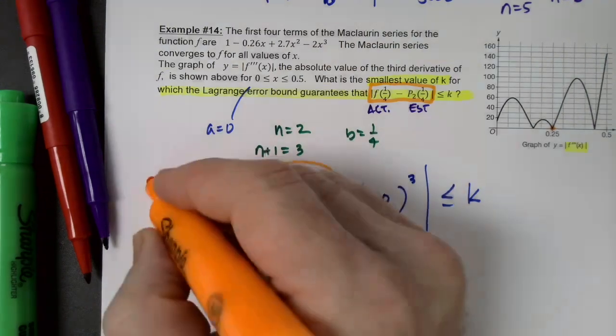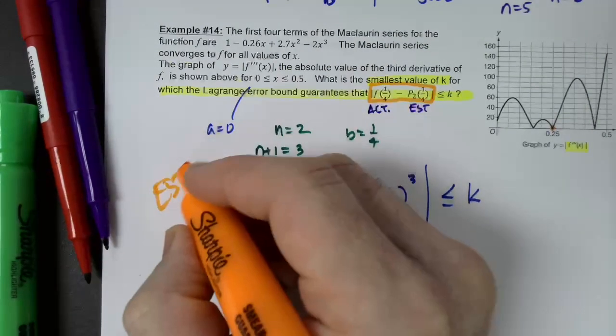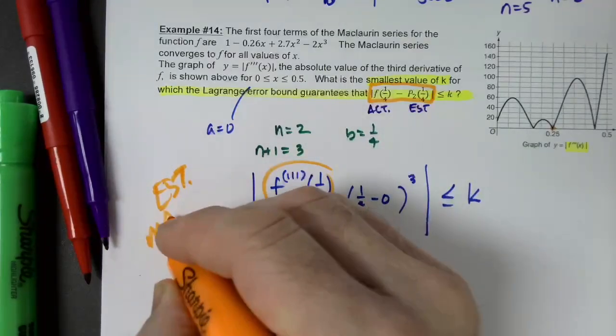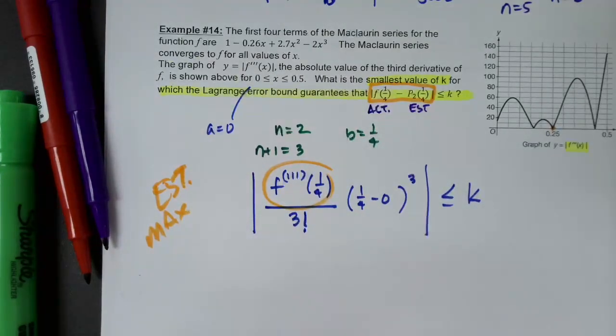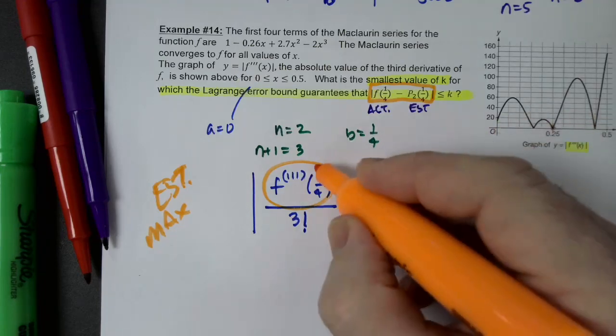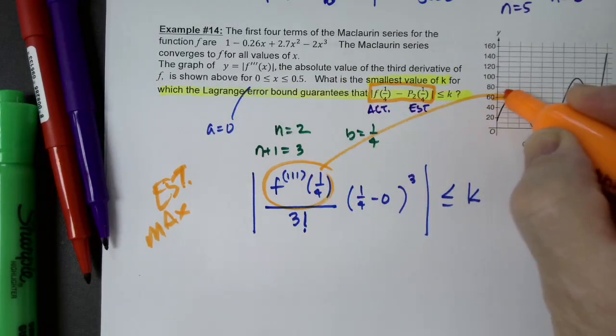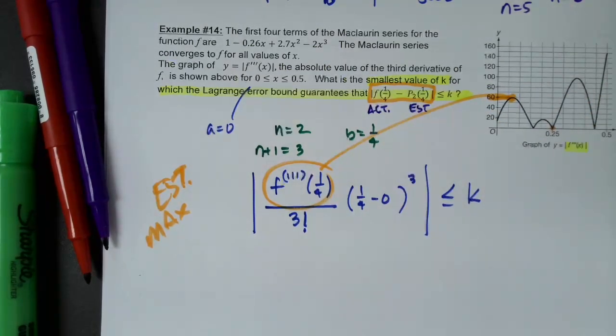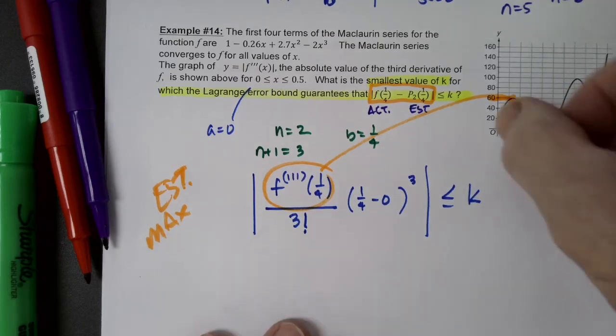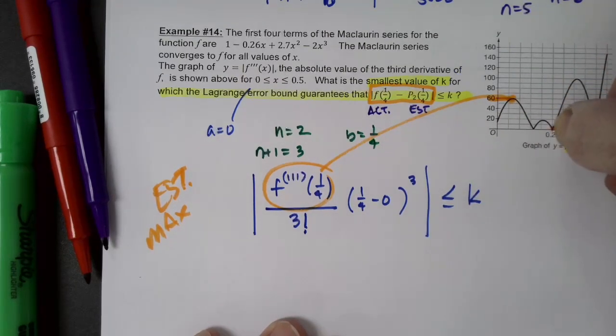This is an estimate. We want the maximum that it could be. So actually, we're using 0.6 for this. Because between 0 and 0.25, the largest this derivative is 0.6.